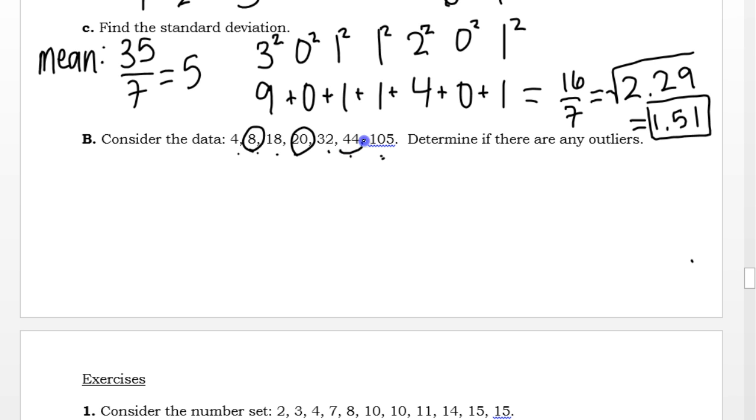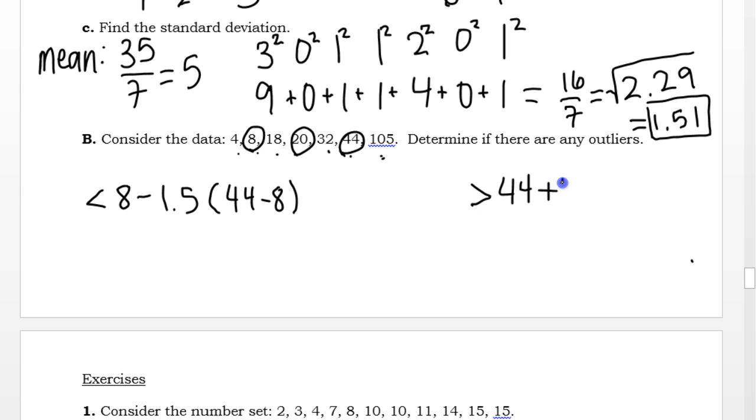Median, Q1, Q3. So a lower outlier would be less than 8 minus 1.5 times 44 minus 8. And an upper outlier would be greater than 44 plus 1.5 times 44 minus 8.